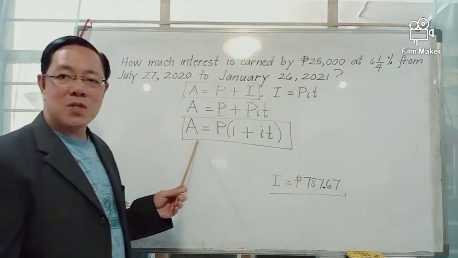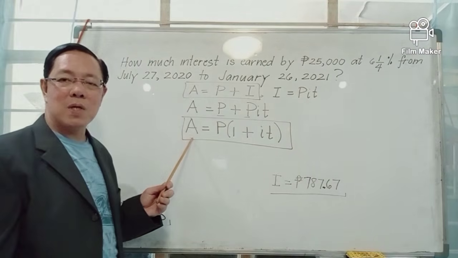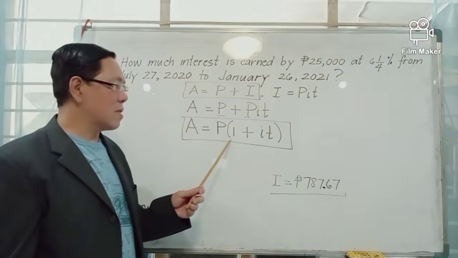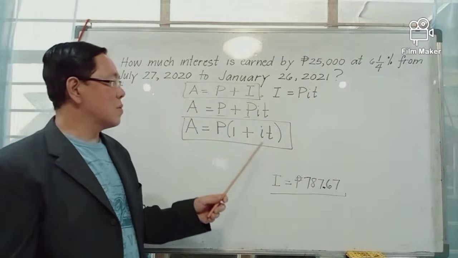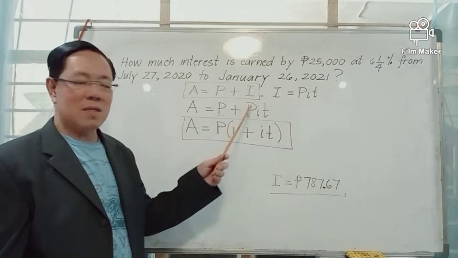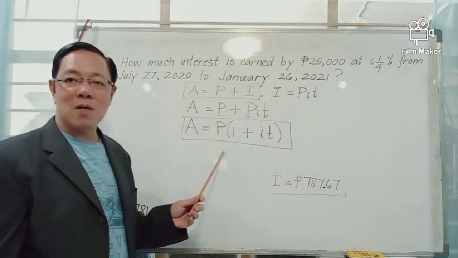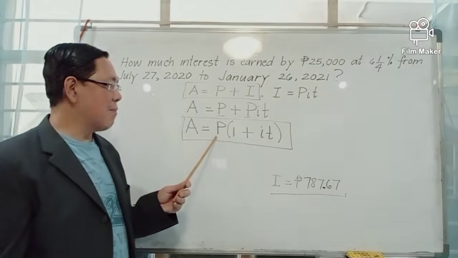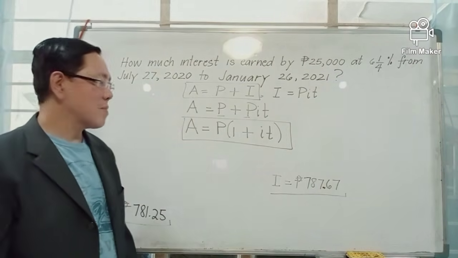The other option or alternative for computing the total amount or accumulated value is by using this formula: capital A equals P times quantity 1 plus IT. In using this formula, you need not compute the amount of interest, capital I. You can directly find the total amount or accumulated value of the original amount invested or borrowed without computing the amount of interest.